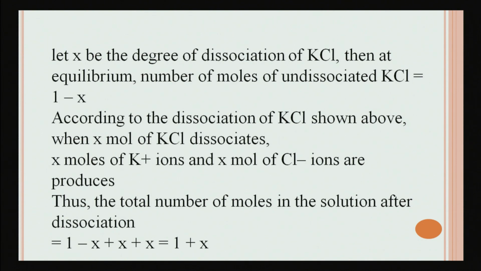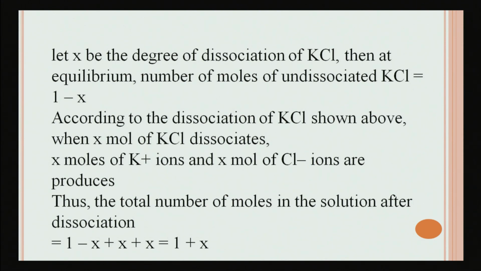Let x be the degree of dissociation of KCl. Then at equilibrium, the number of moles of undissociated KCl is equal to 1 minus x. When x mole of KCl dissociates, x mole of K+ ions and x mole of chloride ions are produced.